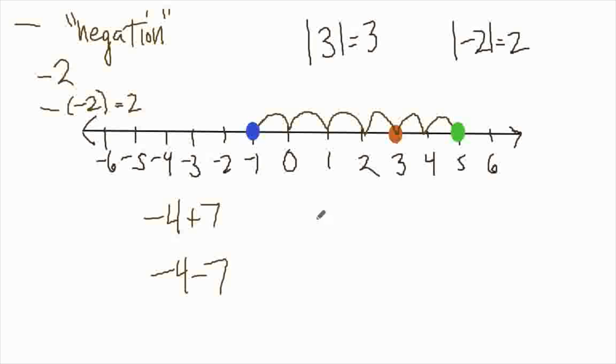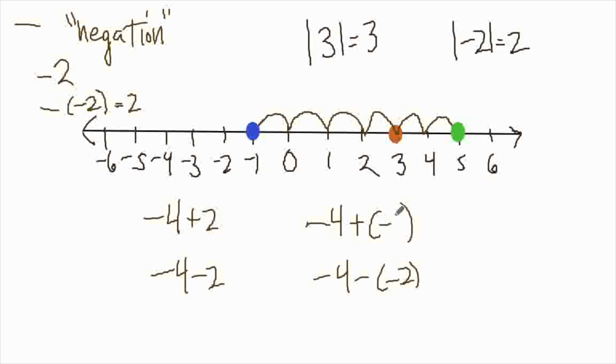What about -4 plus negative 2, and -4 minus negative 2? Actually, let me switch all the 7s to 2s. Can you do all of these without making a mistake?